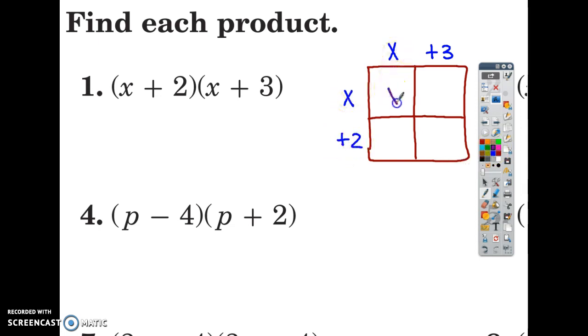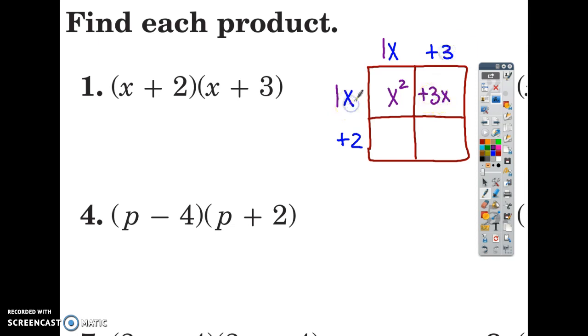x times x is x squared. If you didn't know that, you need to memorize it, okay? You can also say that this is 1 times 1 is 1. That's an invisible 1. So x times x is x squared. x times 3 goes right here. That's a positive 3x. It's like saying 3 times 1, 3.